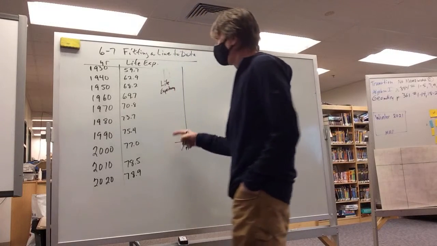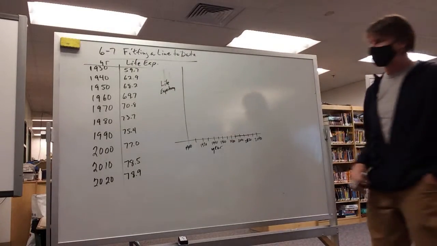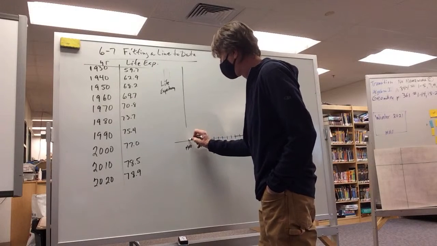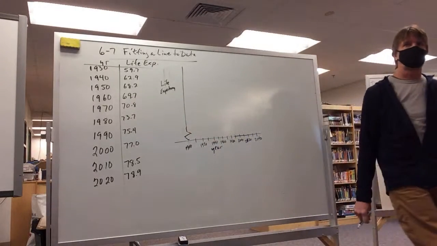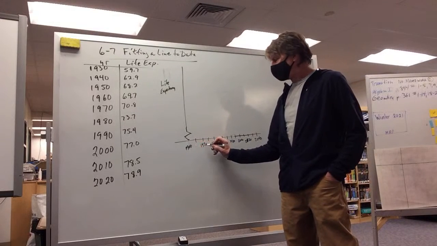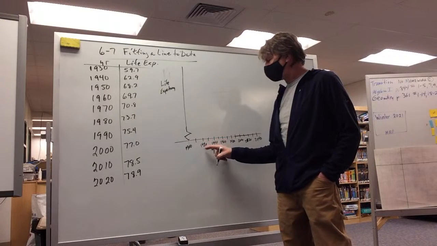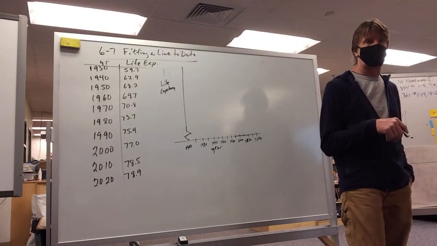And I don't think that we need to go from 0 all the way up. We should probably break the bottom of the graph. What do you think would be a good age to start with if we break this? So what I'm doing is labeling every other line, but every line is going to be worth 10 years going across.